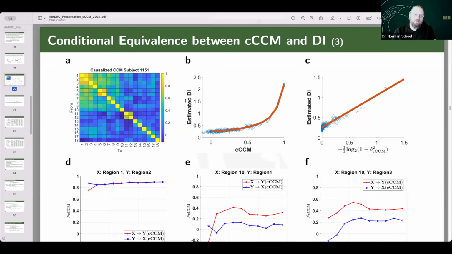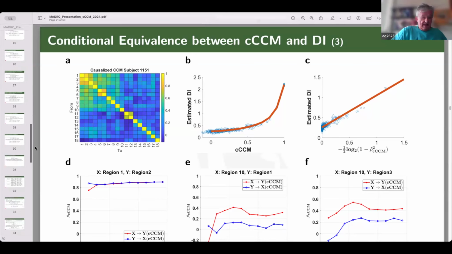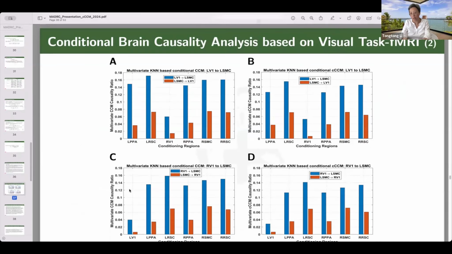That is why, when we submitted that paper to PNAS, they asked us to demonstrate. That was resting state data, so we turned to task data, and we did find the unidirectional causality. Okay, that makes sense now. Thank you so much. Thank you, Norman.